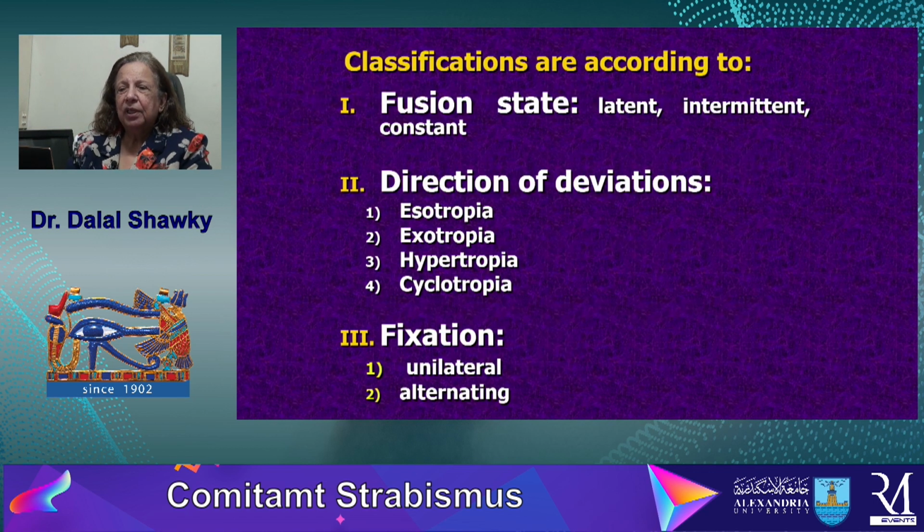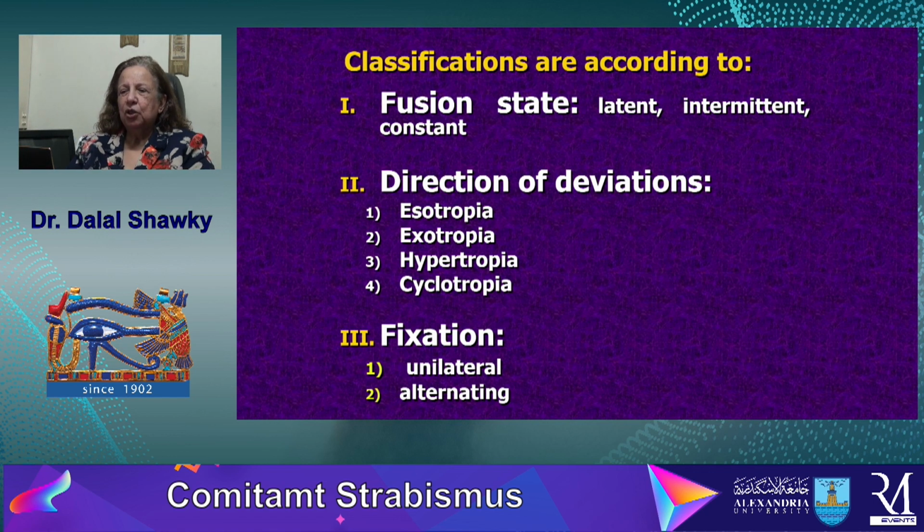Now we come to the classifications of comitant squint. Many classifications, and we'll tell what are the more important. The fusion state. According to fusion, the strabismus is divided into latent type, intermittent, and constant.